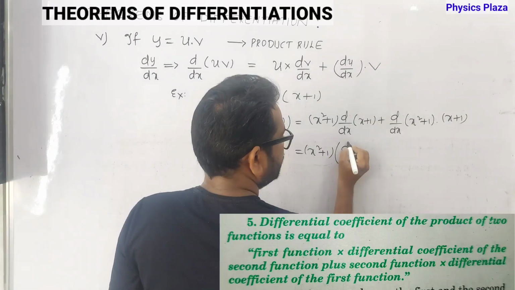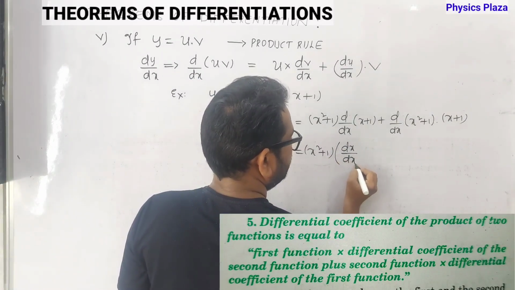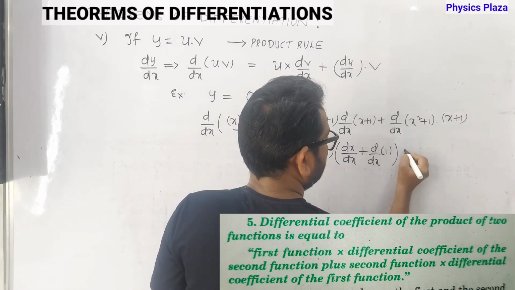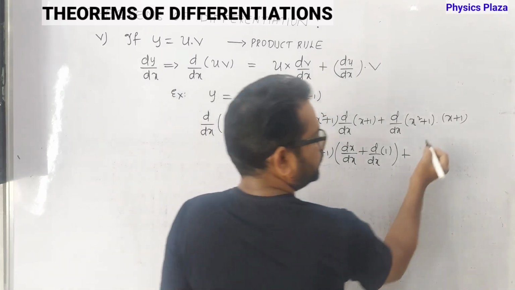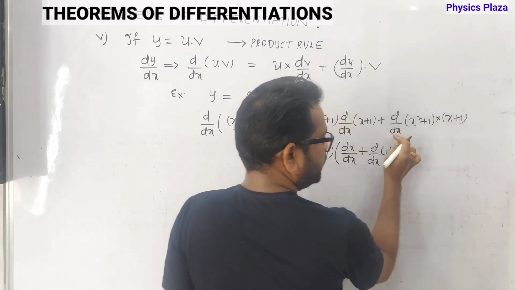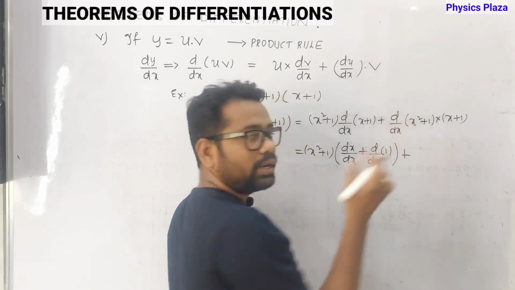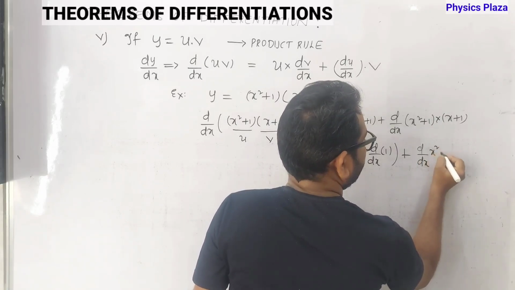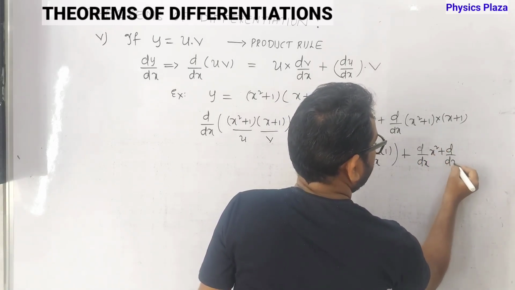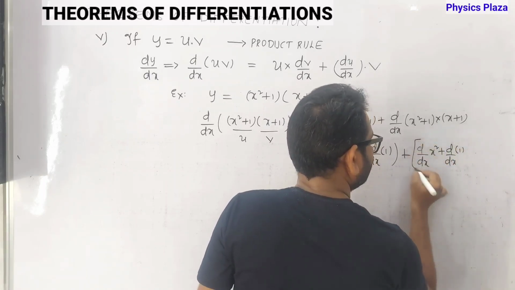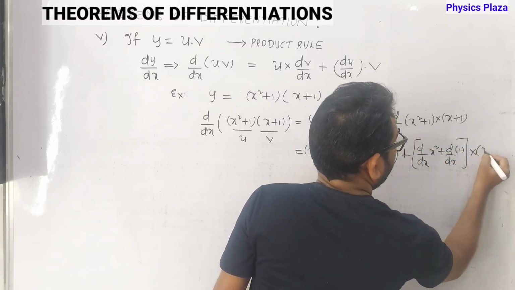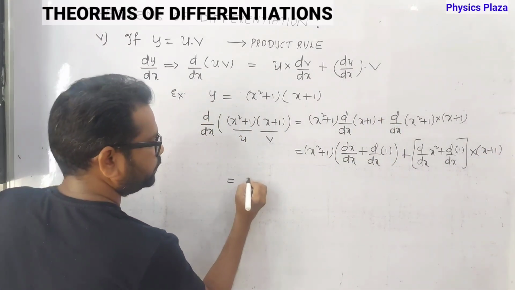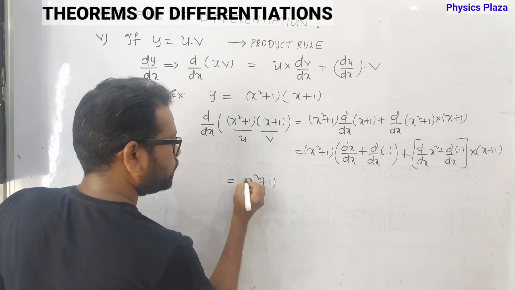It is going to be d by dx of x square plus d by dx of 1. Children, this is just multiplication. You are applying the differential operator to this x square plus 1 only. So this is d by dx of x square plus d by dx of 1, into, as usual, x plus 1. Let us write from here. This is x square plus 1.